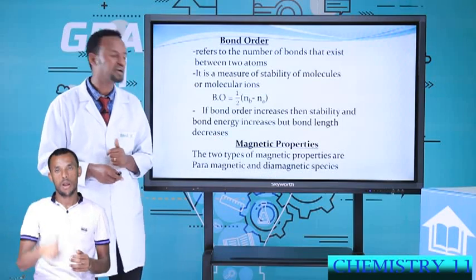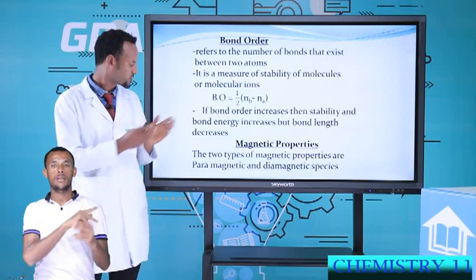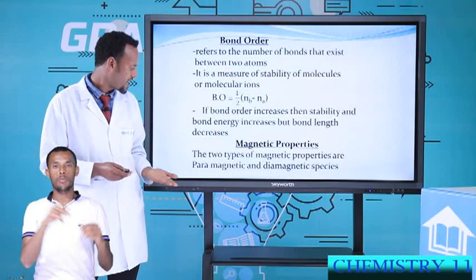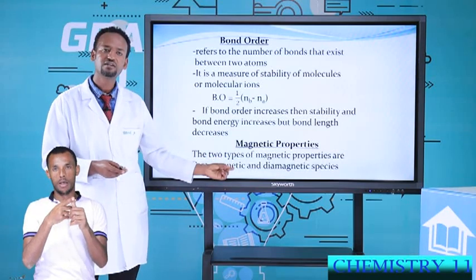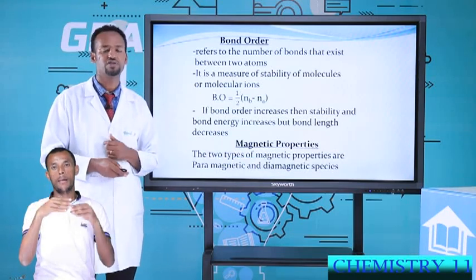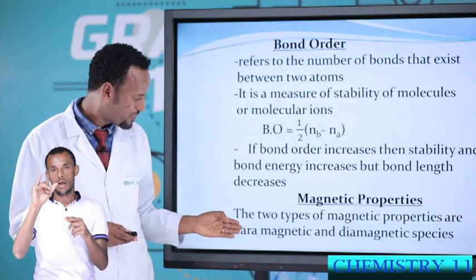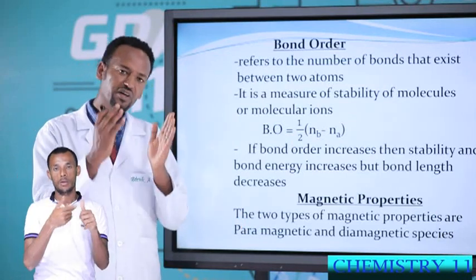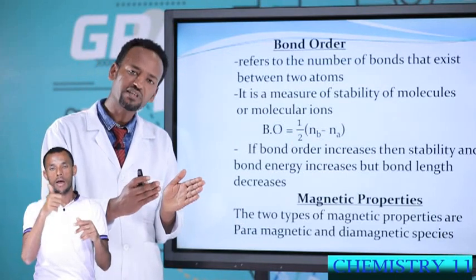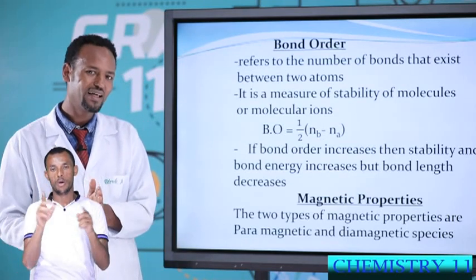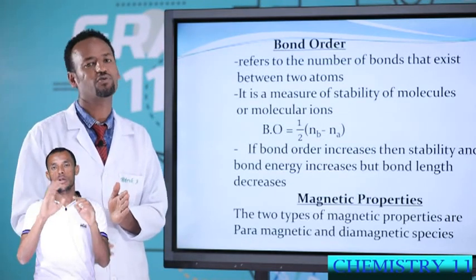The other point is magnetic properties. There are two types of magnetic properties. One is paramagnetic, the other is diamagnetic species. Paramagnetic means when we write the molecular orbital electron configuration, at least one unpaired electron is present.